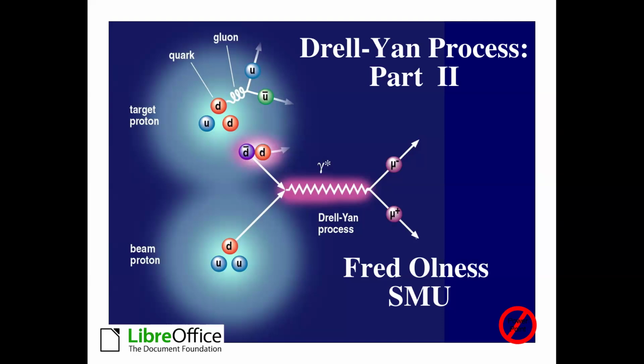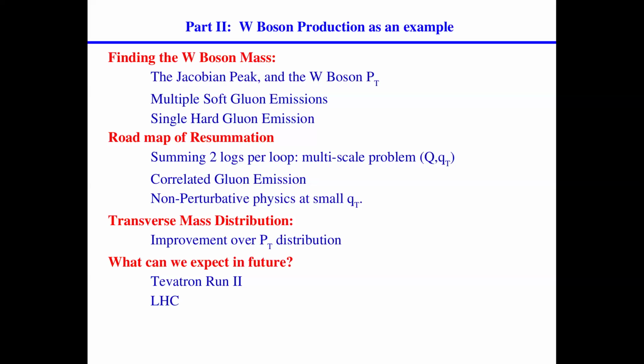So let me start by recapping where we were last time, and going forward, this is where we're headed. I'll use the W boson production as an example, and we'll use the Jacobian peak and look at the W boson PT, and we'll find out that things get complicated because of soft gluon emissions, and that pushes us to do a resummation of that.